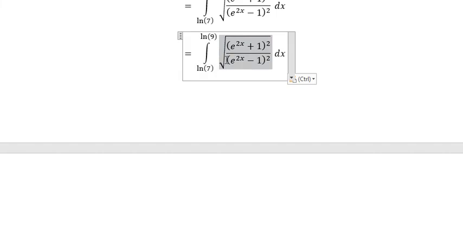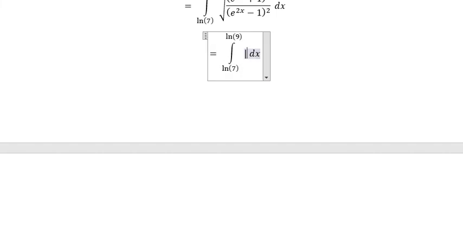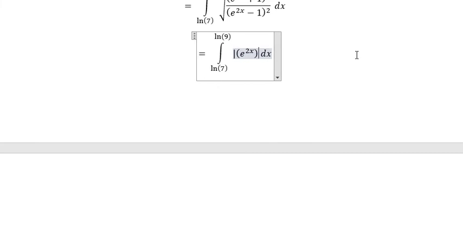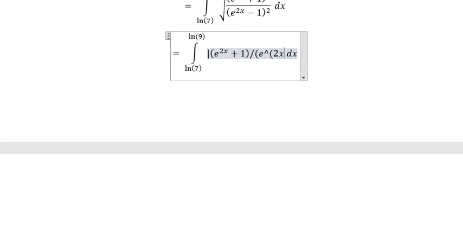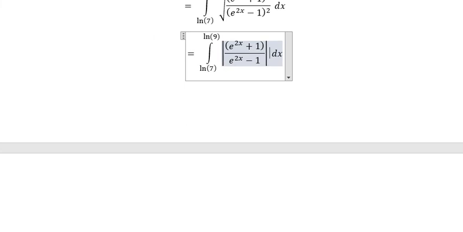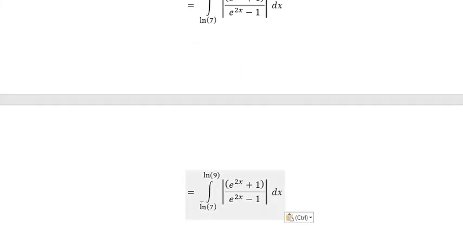So this one we simplify with the power 2 in here. So we know that the bounds from ln 7 to ln 9 are positive.